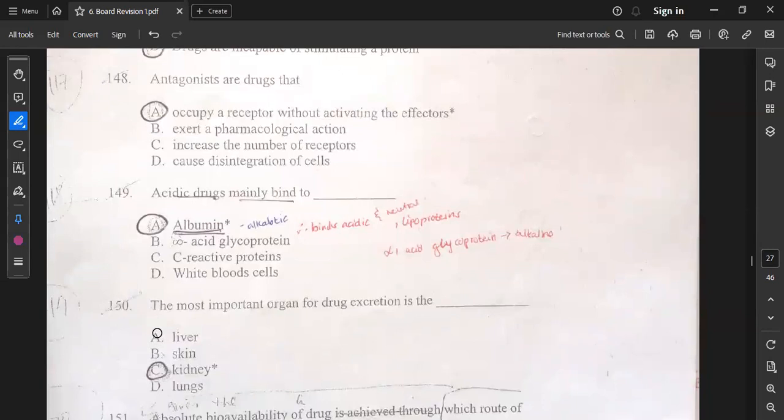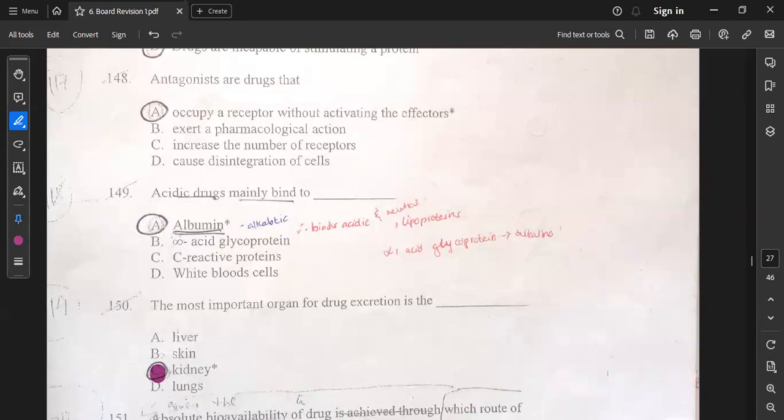The most important organ for drug excretion is the liver, skin, kidney, lungs. The liver would be the answer if the question was metabolism. Thank you. Acidic drugs mainly bind to dash. Albumin. This is either you know or you don't.